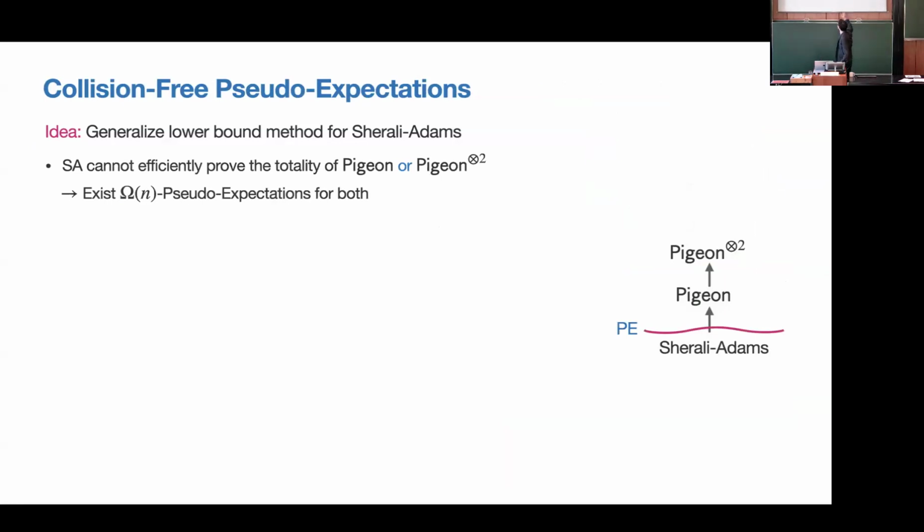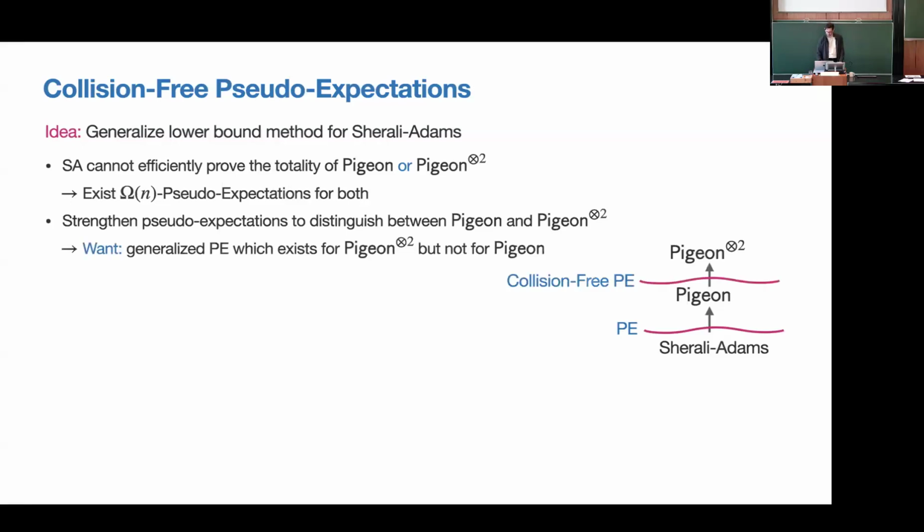The pseudo expectation lies down here. So what we're going to do is take the definition of a pseudo expectation and strengthen it somehow, so that it separates pigeon from pigeon squared. So it lies instead up here. This is going to be our collision-free pseudo expectation.